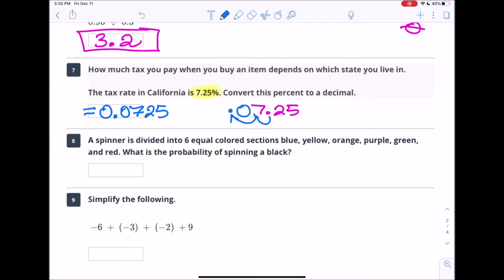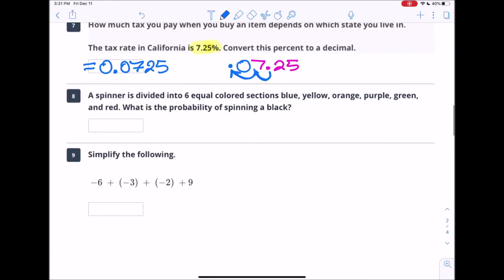So like I said, you can divide your percent by 100, or just remember to move the decimal over 2 spaces to the left. If we were going from a decimal to a percent, the decimal will be moved 2 places to the right, because instead of dividing by 100, you would be multiplying by 100. Okay, moving on.